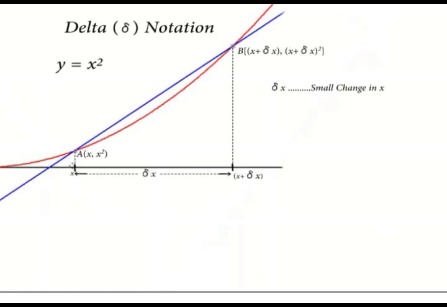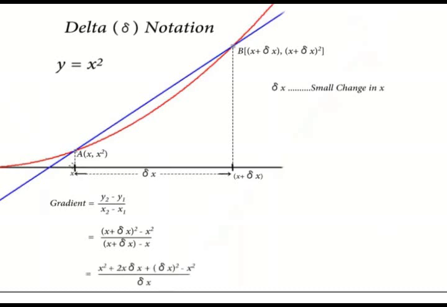So in our case, gradient AB will be delta y over delta x, that is change in y over change in x. So replacing h with delta x, we shall have x plus delta x squared minus x squared over x plus delta x minus x. Expanding that, we have x squared plus 2x delta x plus delta x squared minus x squared over delta x.